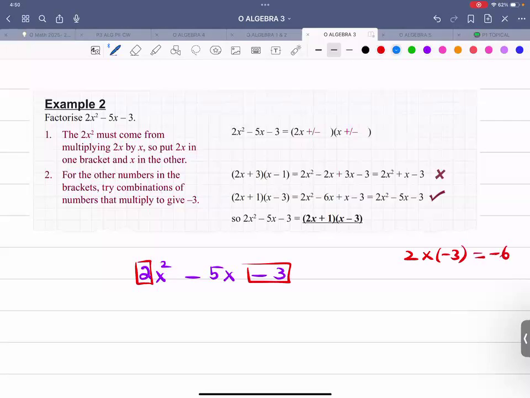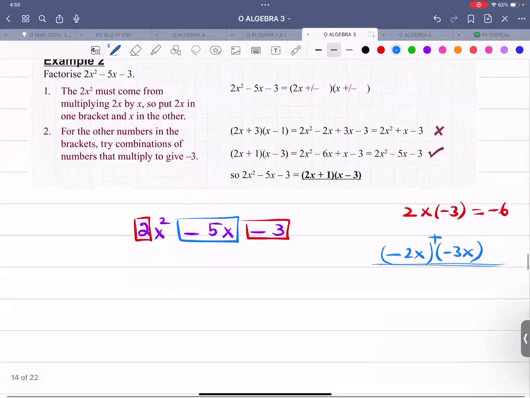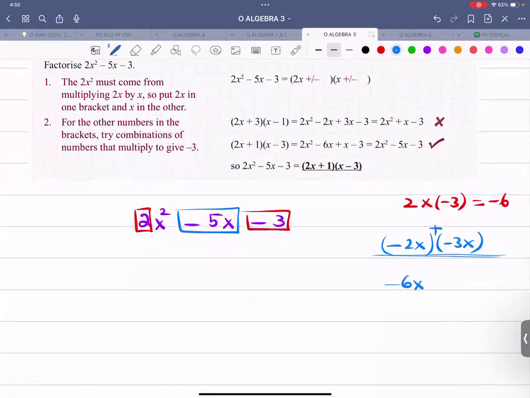I need to break this negative 5x in such a way so that it multiplies to give me negative 6. Now, what if I write negative 2x, negative 3x? Yes, it's adding up to negative 5, but it's not multiplying to give me this thing. What if I write negative 6x plus x? I think that would serve the purpose.